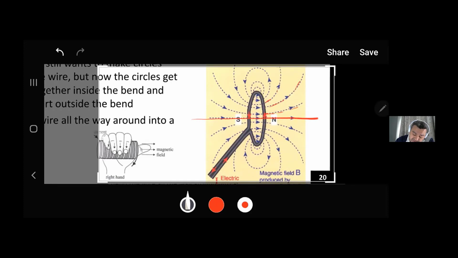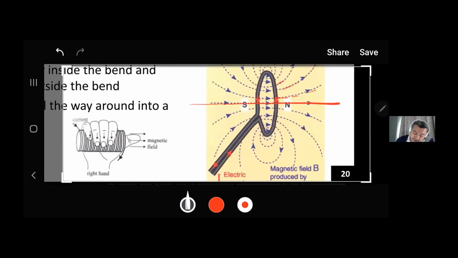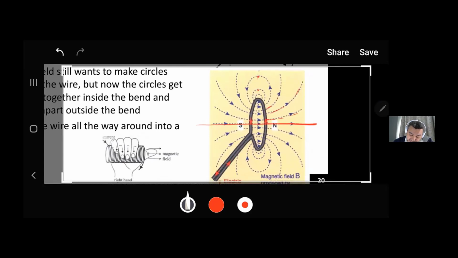And notice that right at those points in the line that goes through the loop, it will be tangential to that circle, which basically means it will be perpendicular to the loop. We will be using this later on, but just keep this in mind for one single loop.